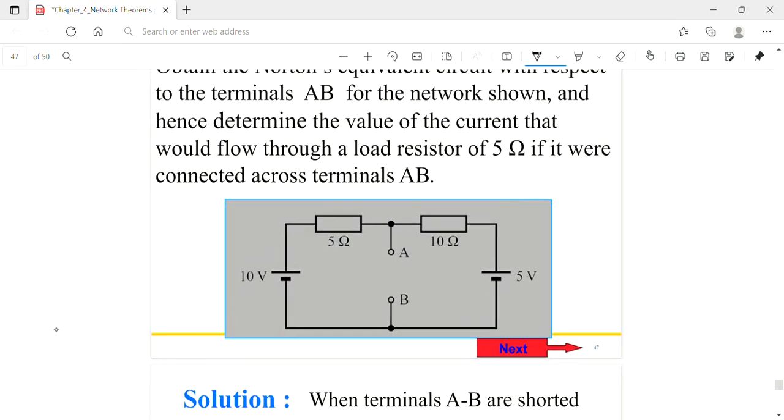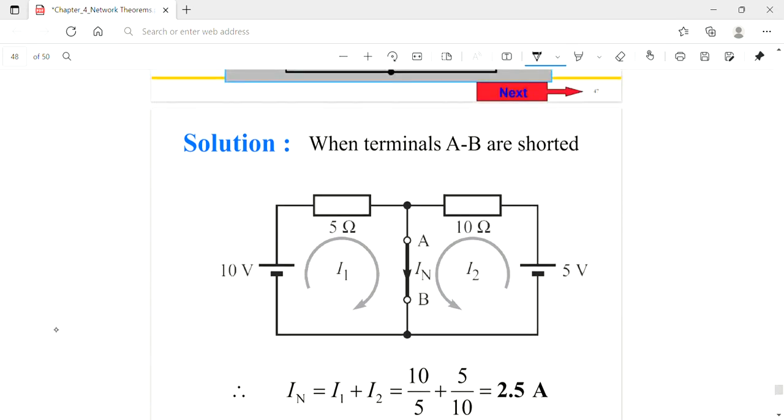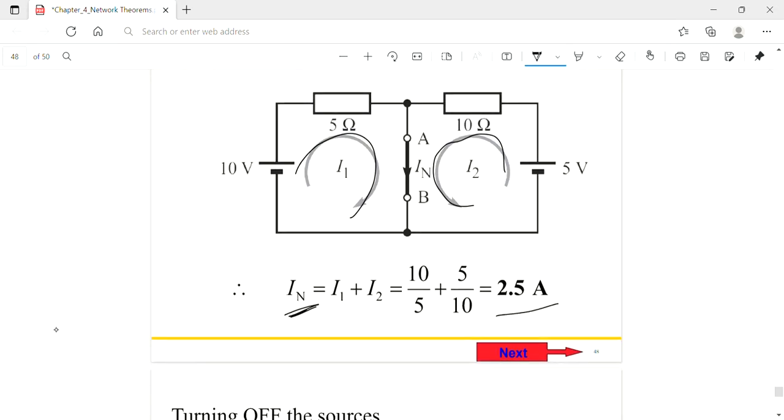There are two resistors, 5 ohm and 10 ohm, and two voltage sources, 10 volt and 5 volt. We first connect the AB junction point and then we calculate the others. We connect A and B, and then we create the loops. Two loops are there. Using loop analysis, Norton's current is 2.5 ampere.